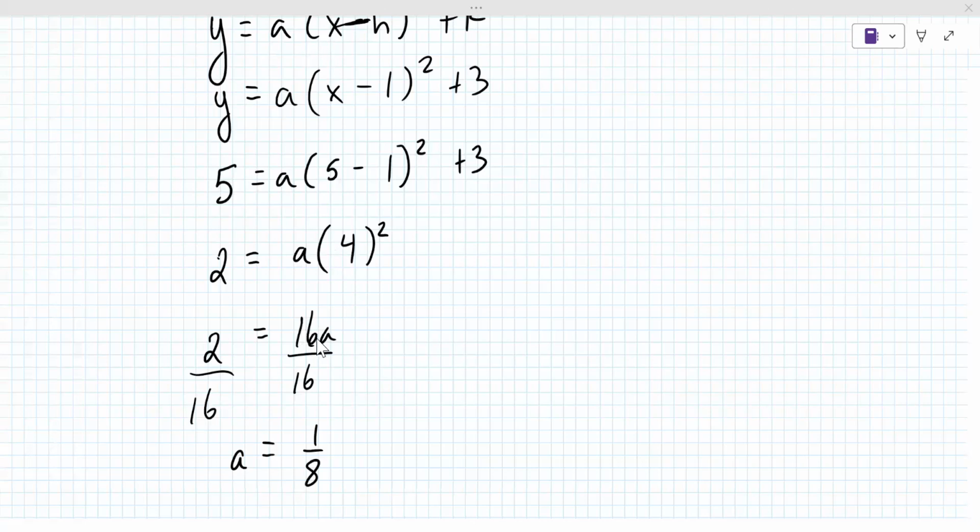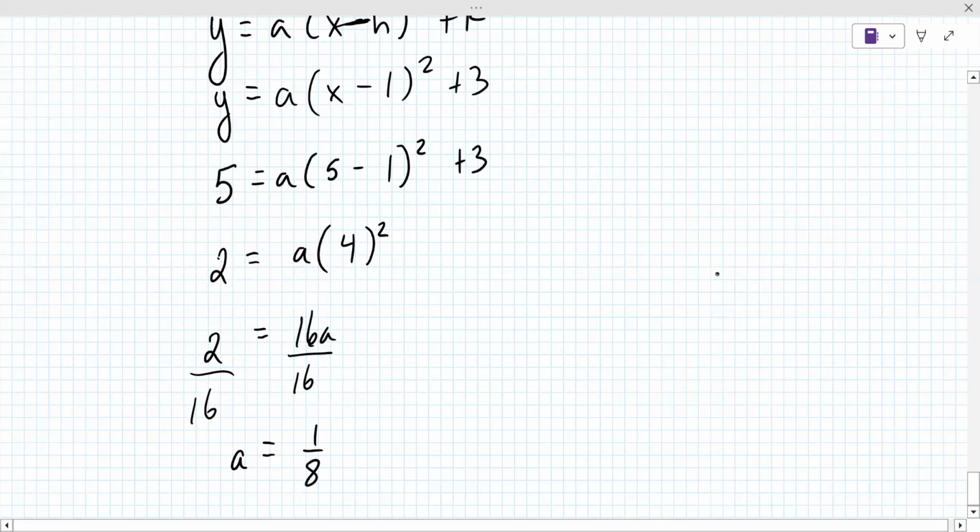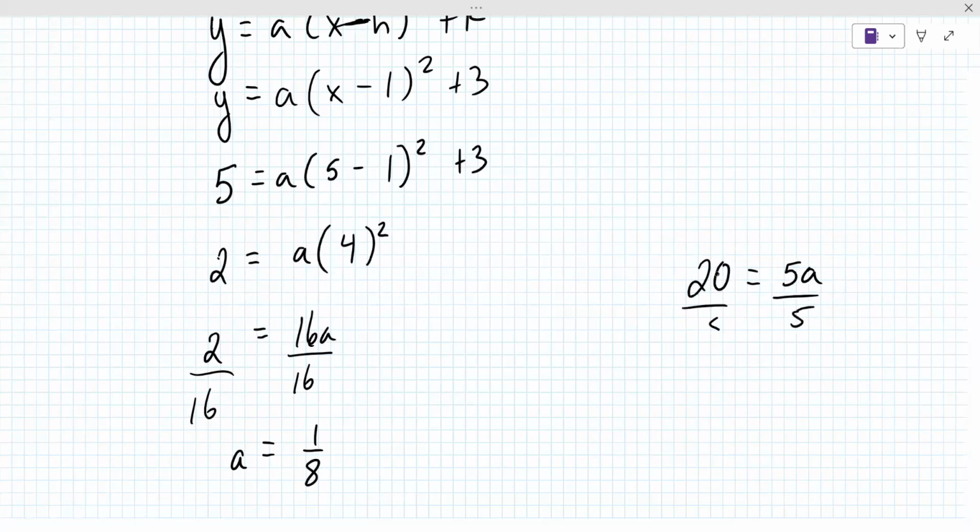No, you're solving for a, so you undo what's on the side with a. Oh, okay. I'm solving for a, right, because it's a equals. Yeah. So if it's like 20 equals 5a, I divide all of it by 5, right, because I'm solving for a, which would then give me a equals 4. Right.